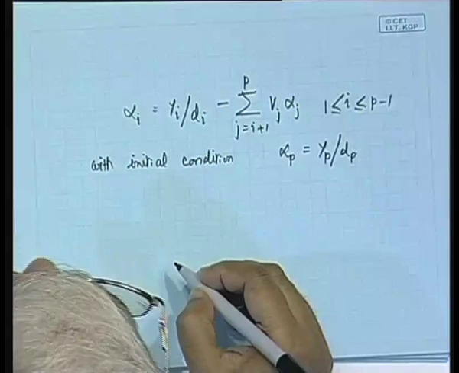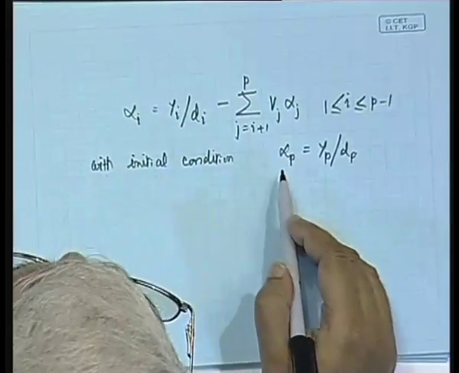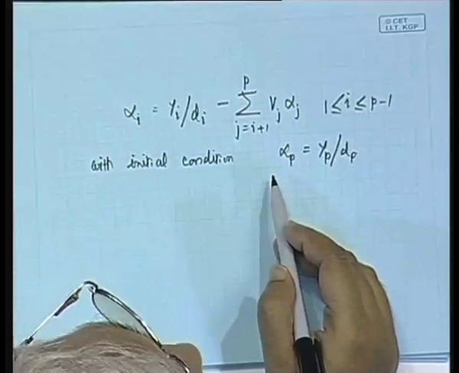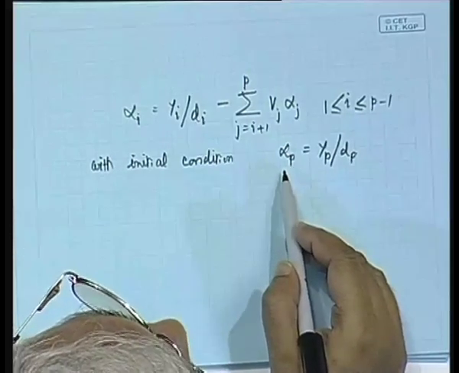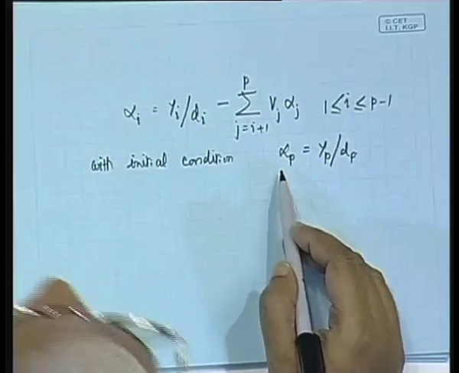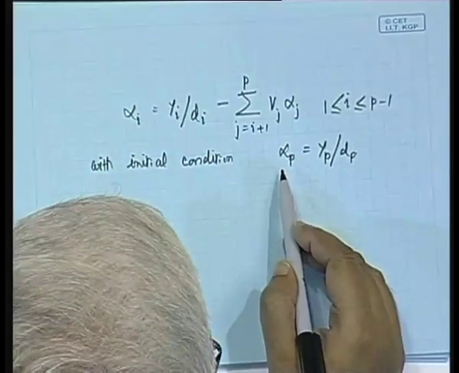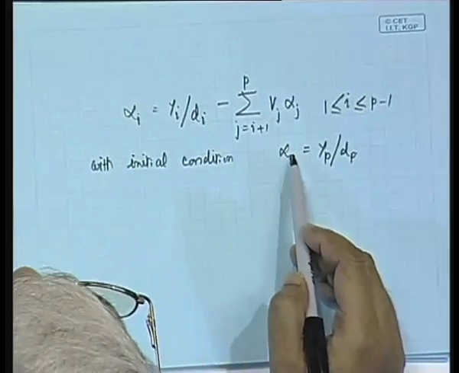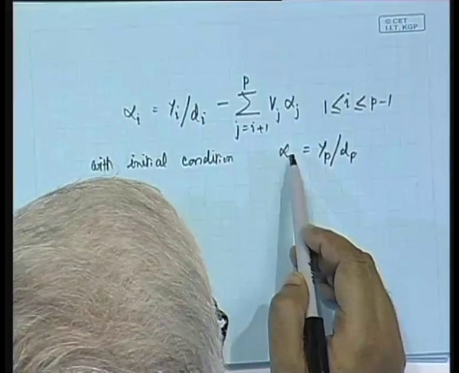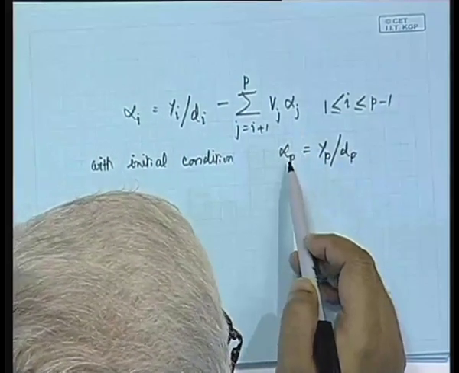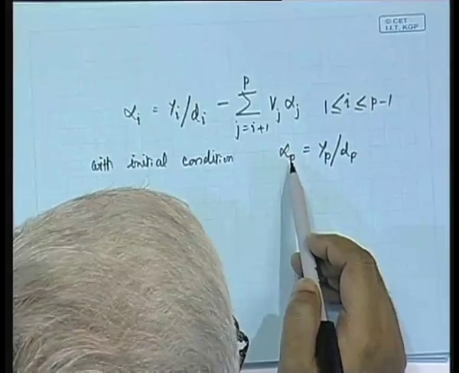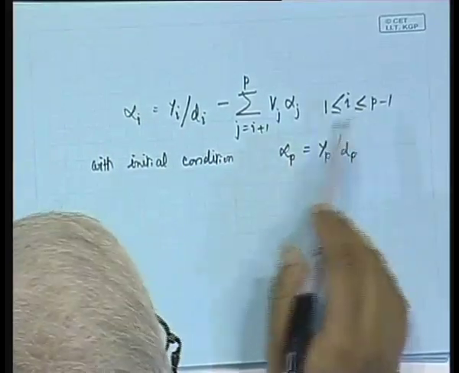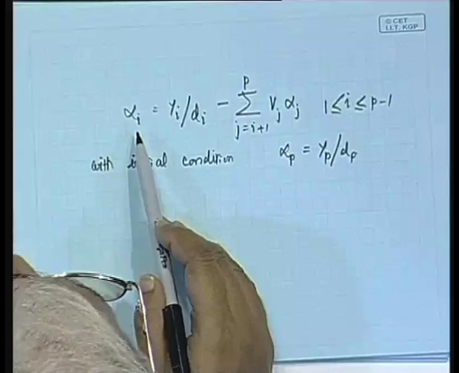Now, you see one beauty. Our initial condition so far used to be in terms of the first element, right, but in this case the initial condition is with respect to the pth, that is to say the last element. If we know alpha p first, then by putting i equal to p minus 1, we can solve for alpha p minus 1.